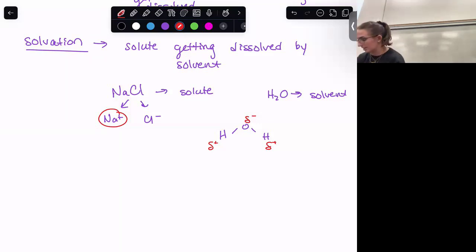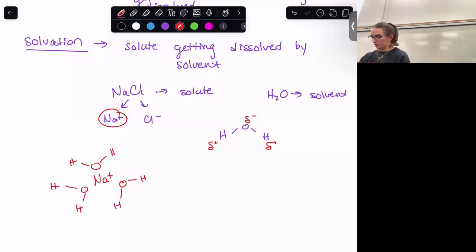So what that actually looks like is that this sodium plus ion is going to be surrounded by a whole bunch of water molecules. And they would make a circle.